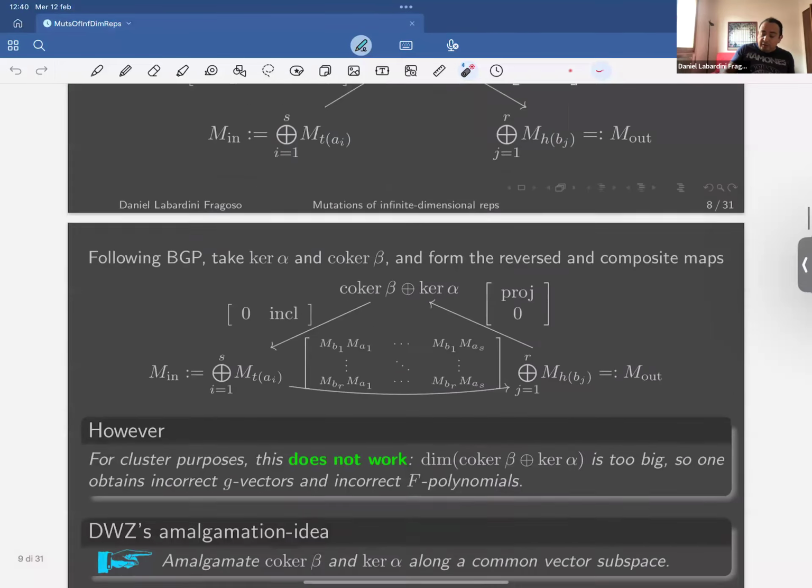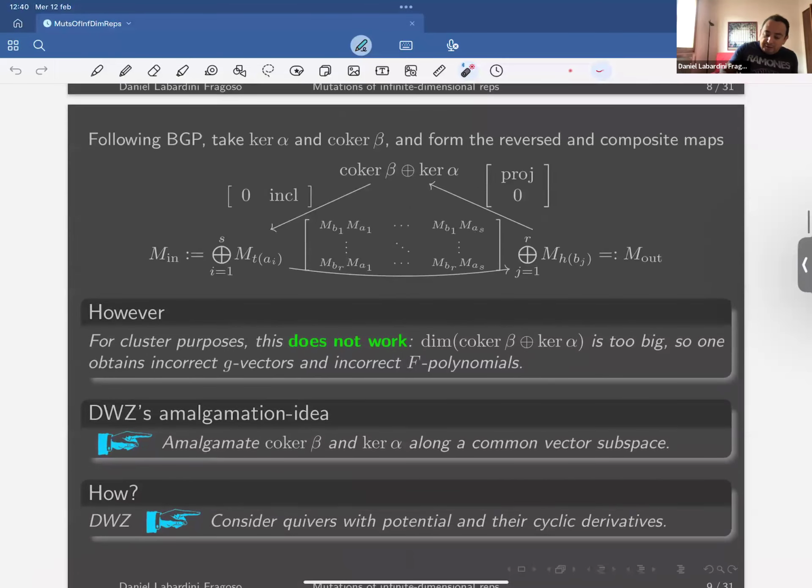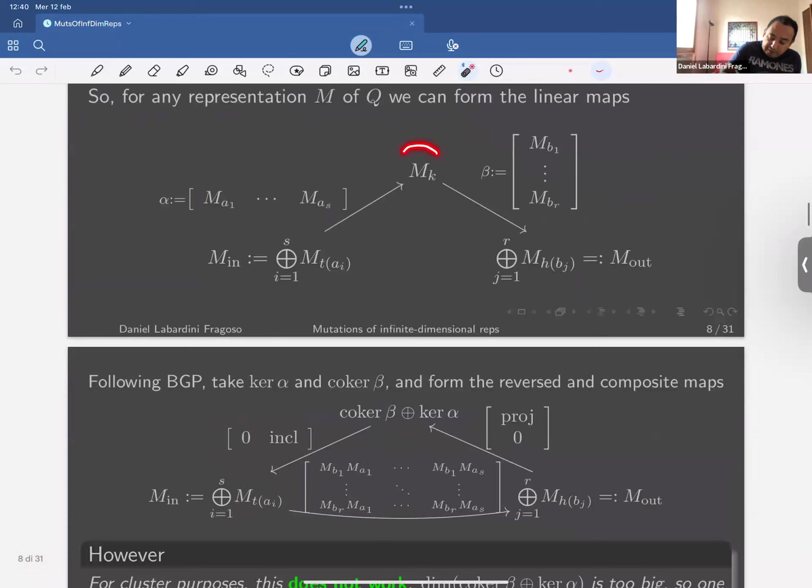So the most naive or obvious way to do that is replacing then M_K with just the direct sum of the co-kernel of this with the kernel of this. And then, from here, let's just include the kernel here and send the co-kernel to 0. And from here, let's just project onto the co-kernel. Yeah, and let's ignore the kernel for this map.